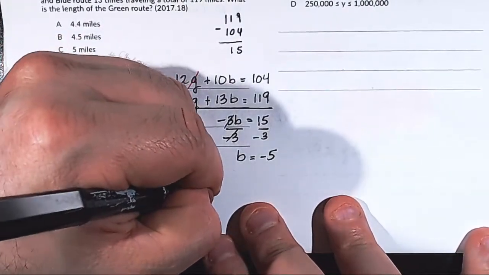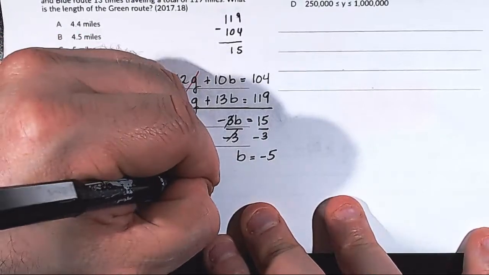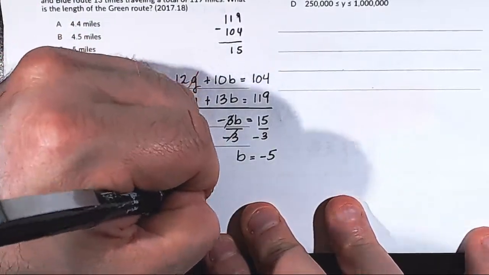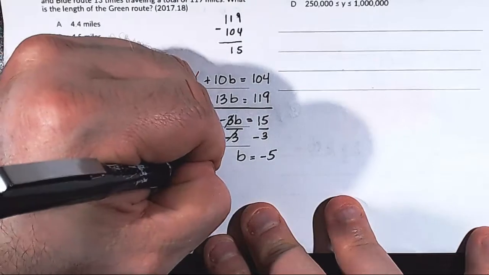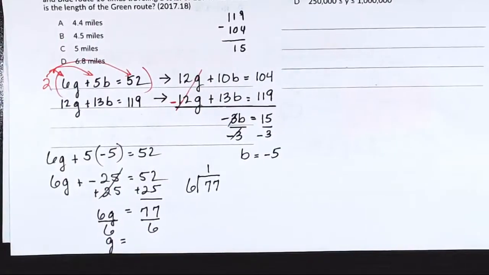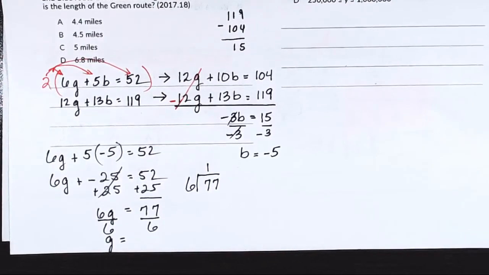So let's see, 77 divided by 6. 6 goes into 7 one time. Yeah, this isn't going to work. Somehow that didn't work.